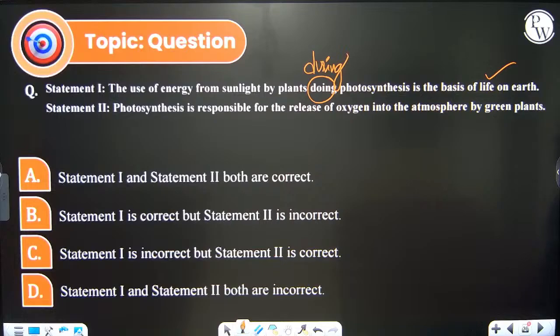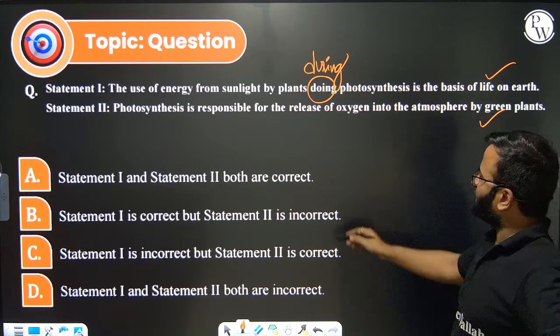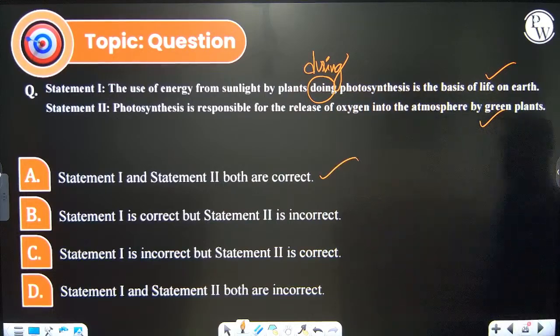Photosynthesis is responsible for the release of oxygen into the atmosphere. So both are right. So A would be our answer.